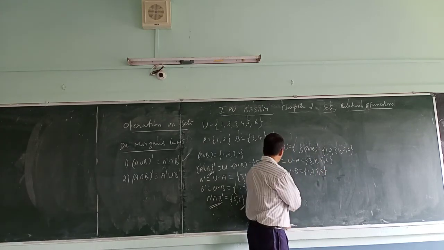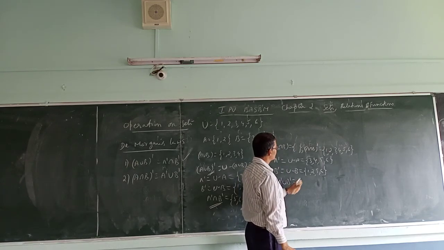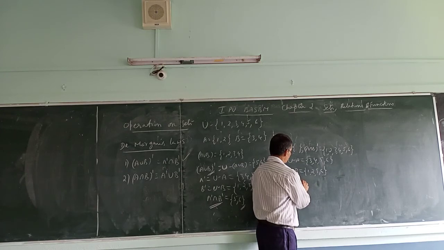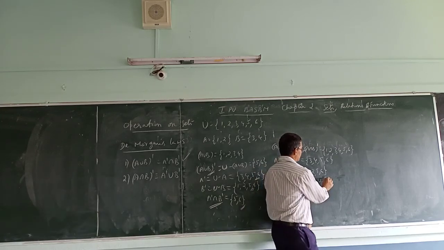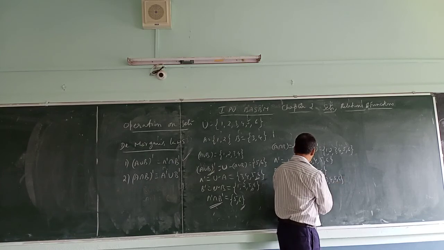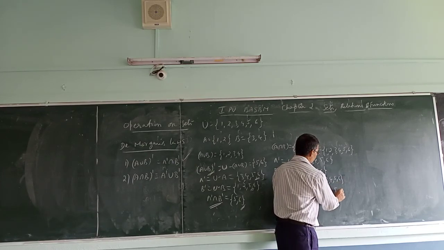So what is A dash union B dash? It is {1, 2, 5, 6} union {3, 4, 5, 6}, which is nothing but {1, 2, 3, 4, 5, 6}.